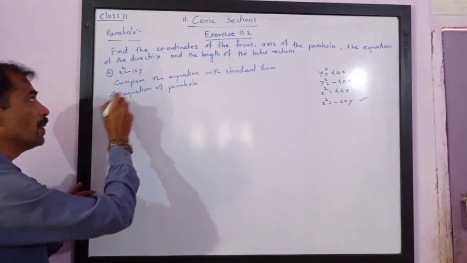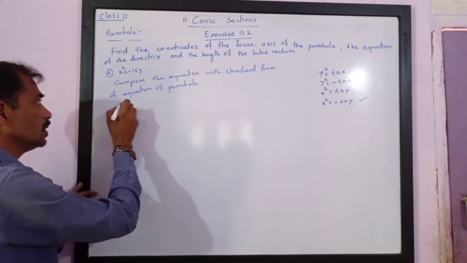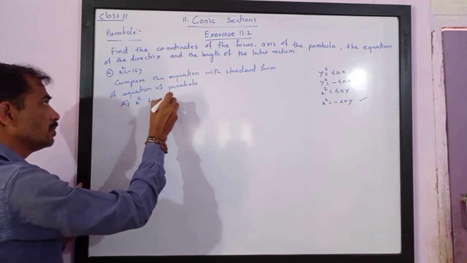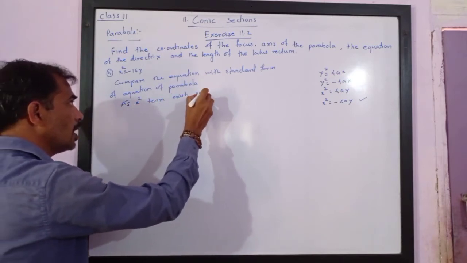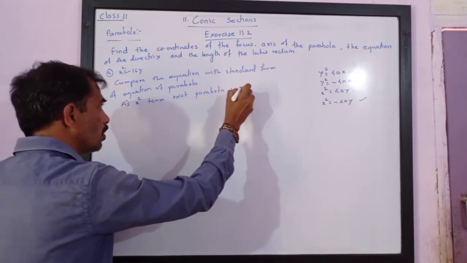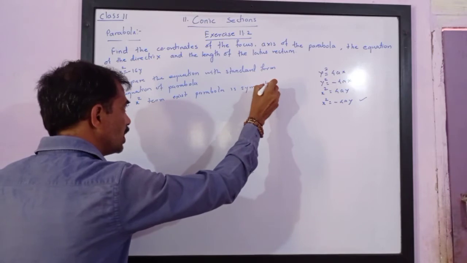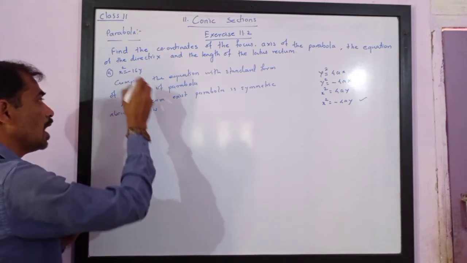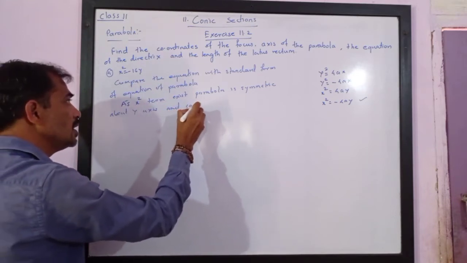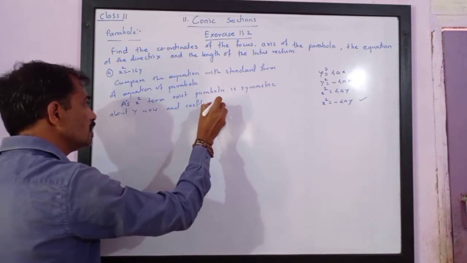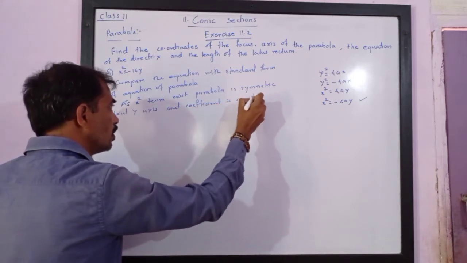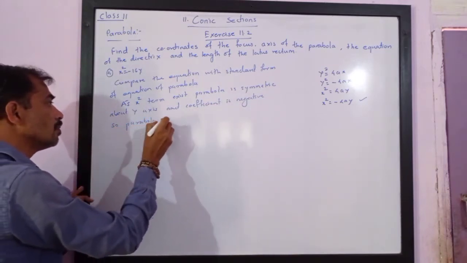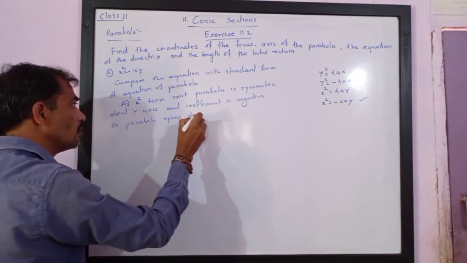So here if you compare this, as x square term exists, parabola is symmetric about y-axis, and coefficient is negative, so parabola opens downwards.